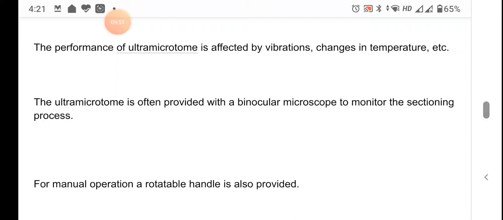Certain things we need to set in the instrument, so for that we are using this manual operation by rotating the handle. After setting all the thickness etc., we can put it in the automatic mode so that it will be taking the sections without manual operation.